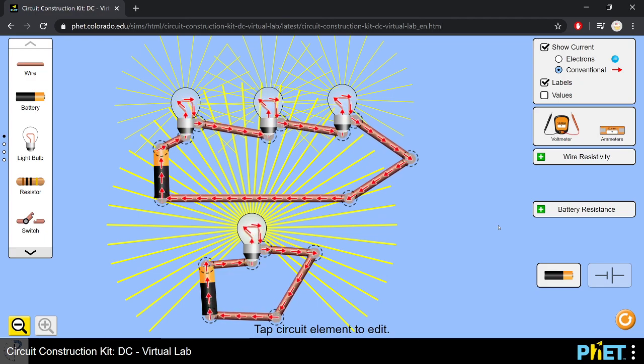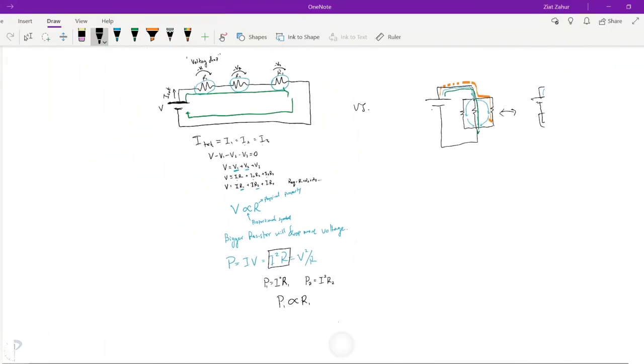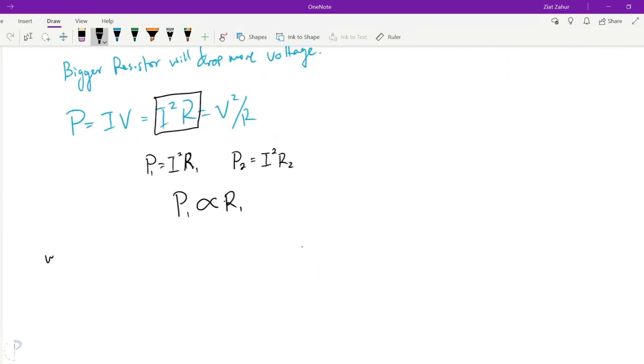Okay. Now we can, of course, use our equations to actually solve this, and so we don't have to guess. Okay, let's solve this. If I had 3 light bulbs with the same resistance, with same R, then our P1 is equal to, of course, I squared R, right?